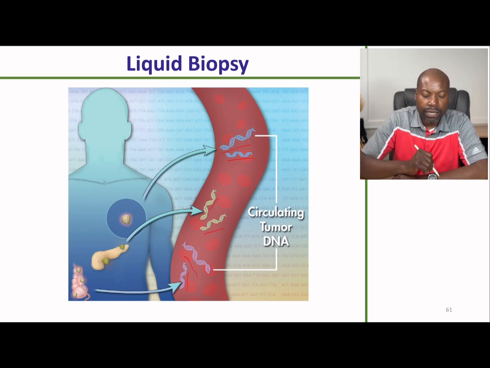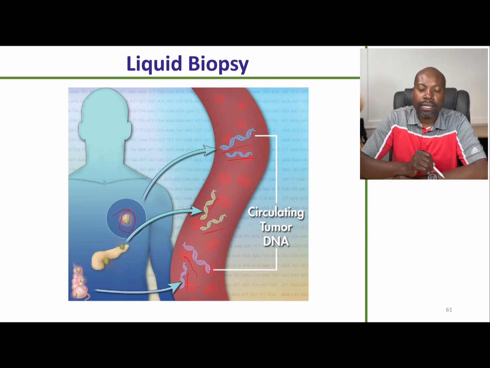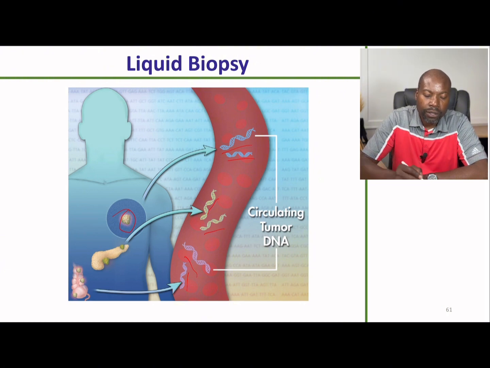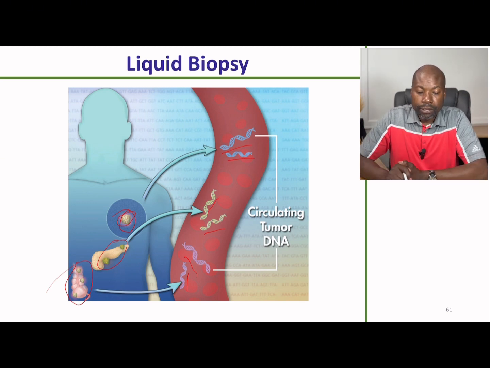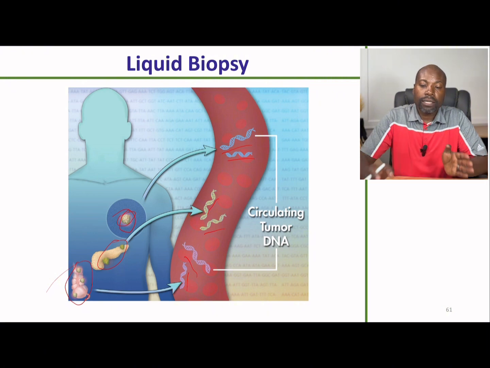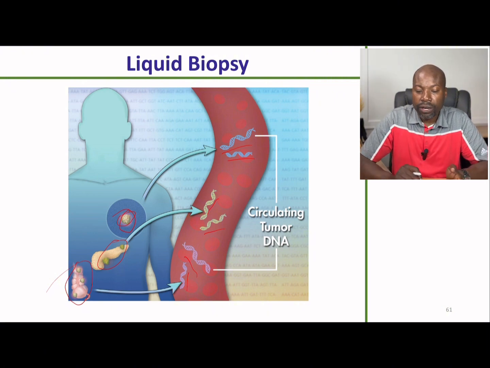That DNA is circulating in the blood, so you can get tumor DNA from, for instance, lung cancer, pancreas, colorectal cancer. You can identify all of that. So this is basically what we are going to cover here, and which concludes our chapter and this course.